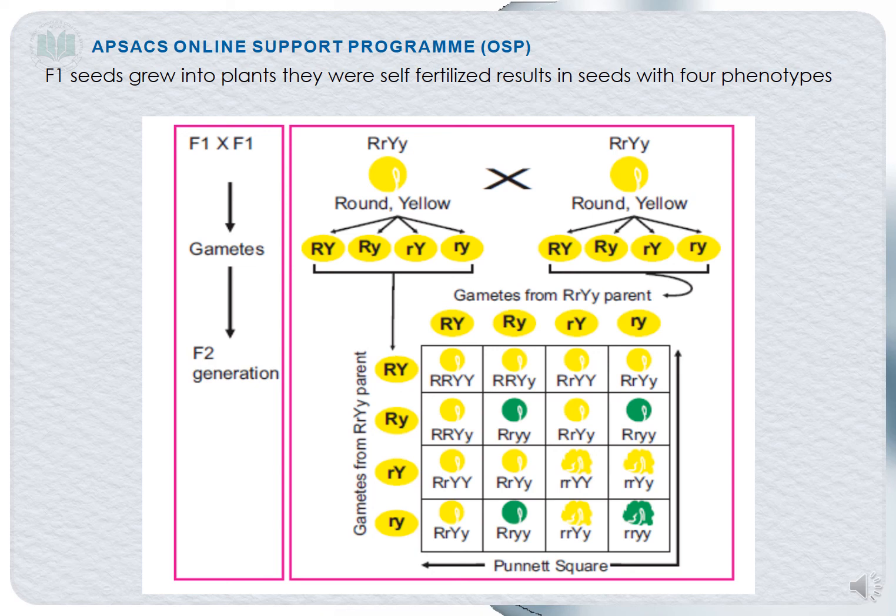A Punnett square is used to represent all these crosses. A Punnett square is actually a diagram that is used to predict the outcome of a particular cross or breeding experiment. So by this cross we get 4 different types of phenotypes.